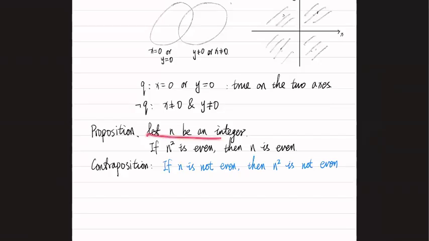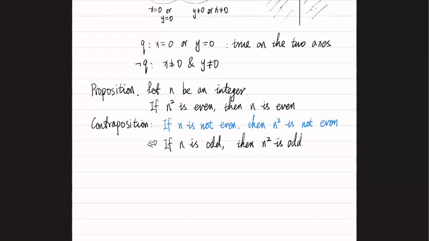Under the hypothesis, n is an integer, so this is the same as n being odd.